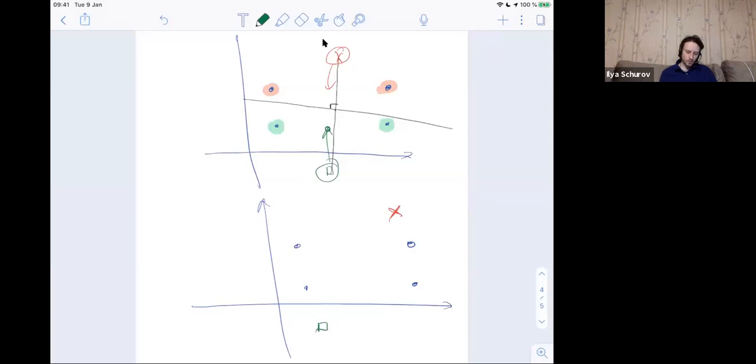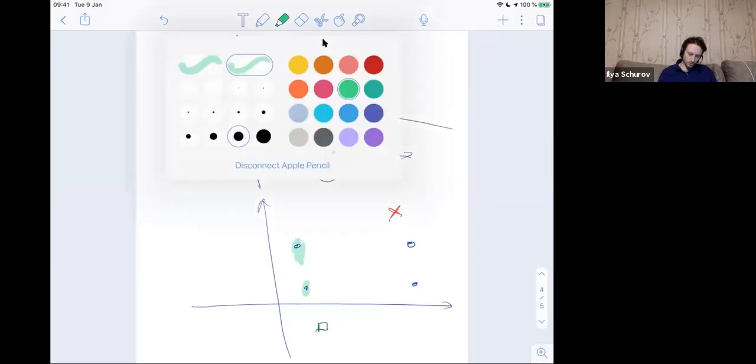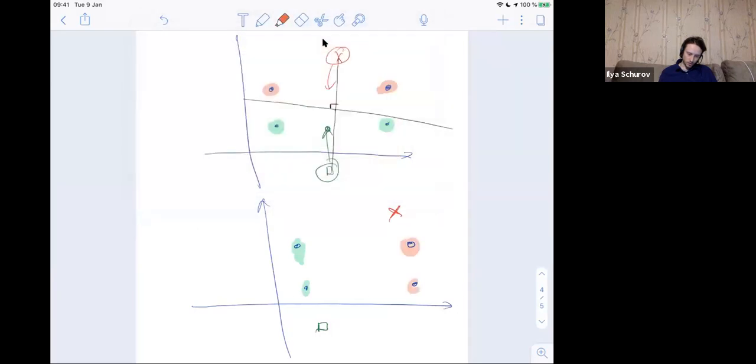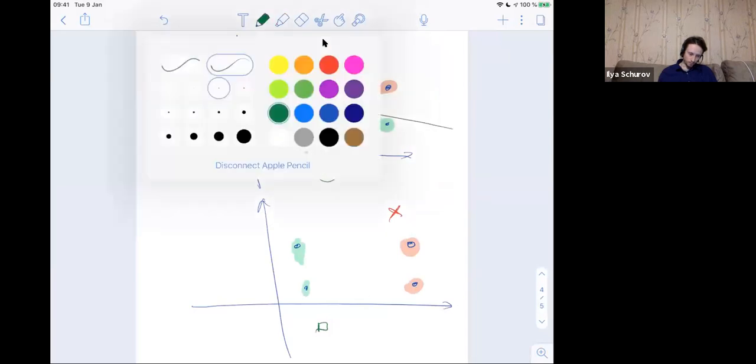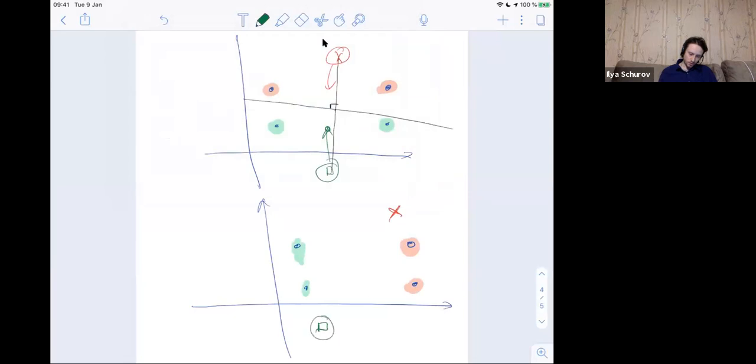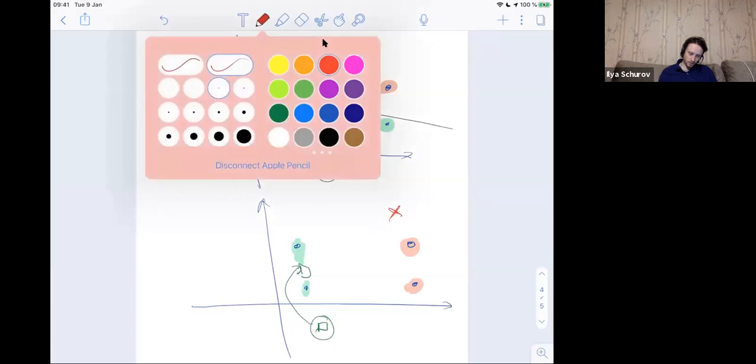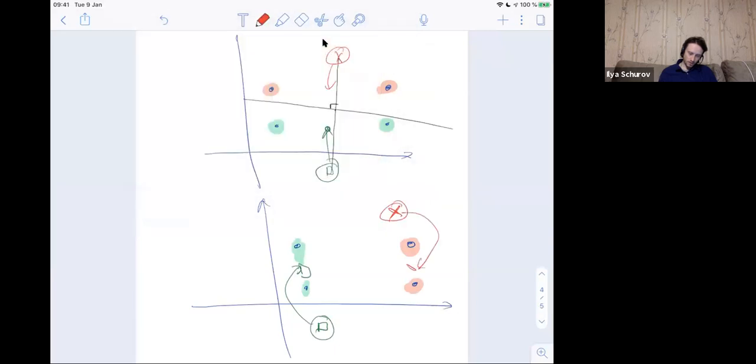Yeah, we'll have a vertical divide as Sarah says. And you see that in this case, these 2 points will be assigned to the green centroid, and these 2 points will be assigned to the red centroid. And on the next step, I will move this center here and this center here, and that's all.